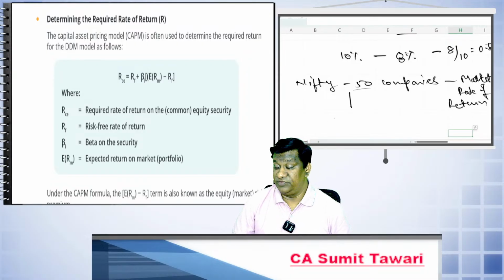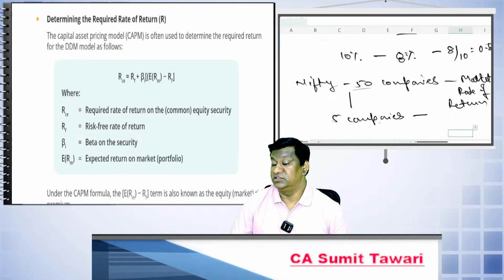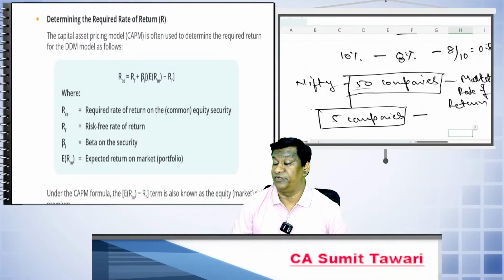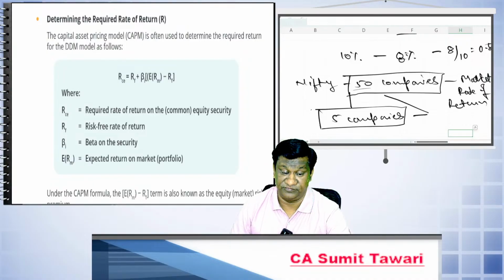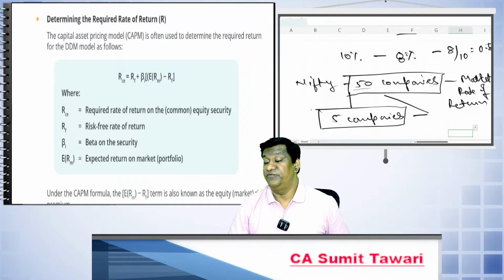But I have invested in only 5 companies. So my return is on the basis of the average return of those 5 companies, but the market rate of return is on the basis of 50 companies. Or I may have invested in some other company, not even in these 50 companies. So this is the way we need to calculate.